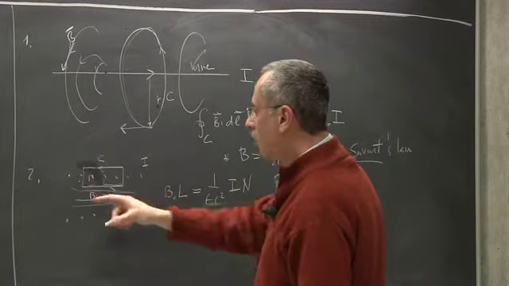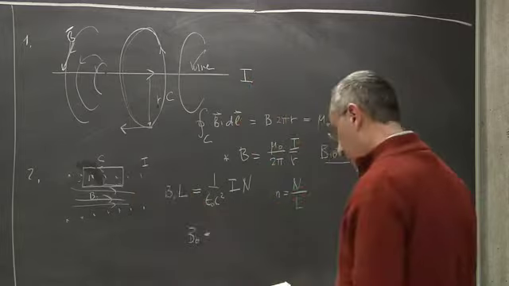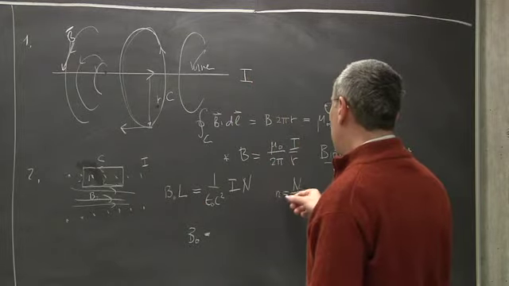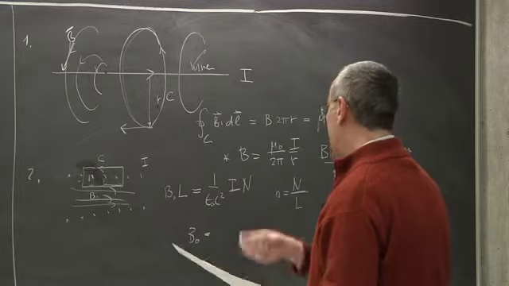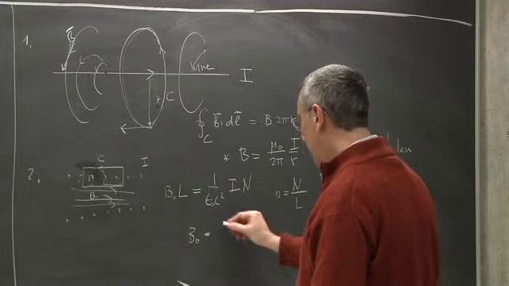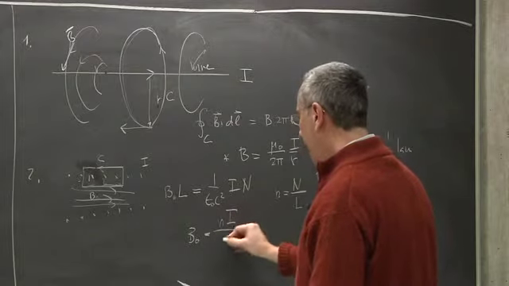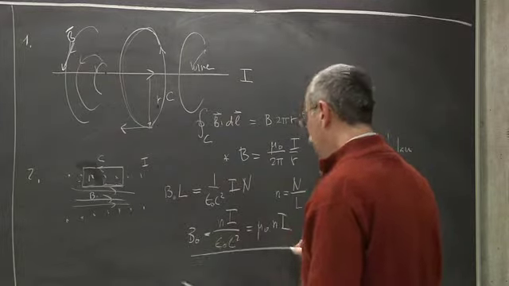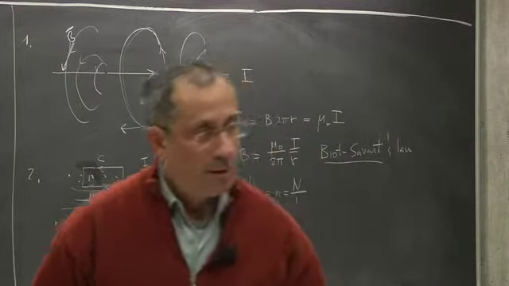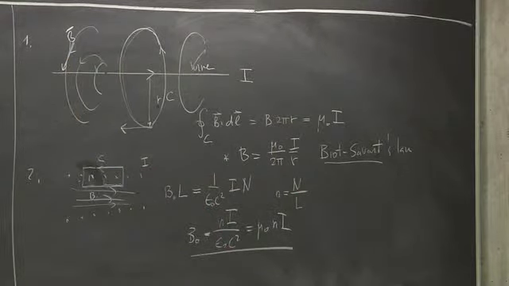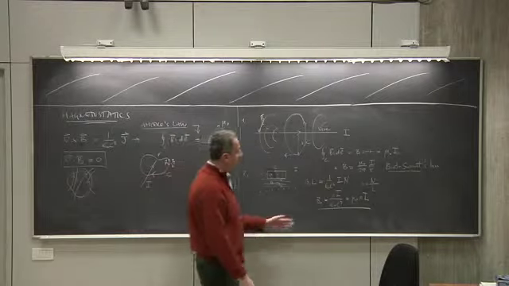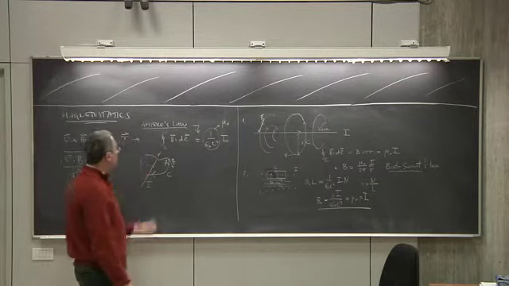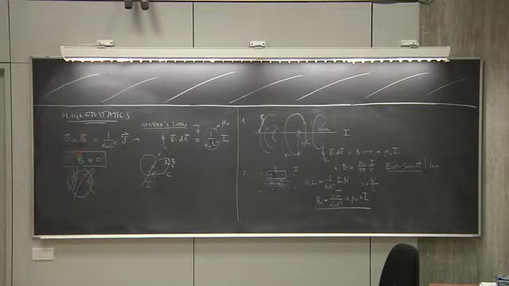The constant B field inside the solenoid, with the density of wiring per unit length given by little n, is simply n I divided by epsilon 0 c square, or mu naught n I. So that's a standard result, and as you can see, very easily derived by means of Ampere's law, that is by means of this Maxwell equation for the magnetostatic case.